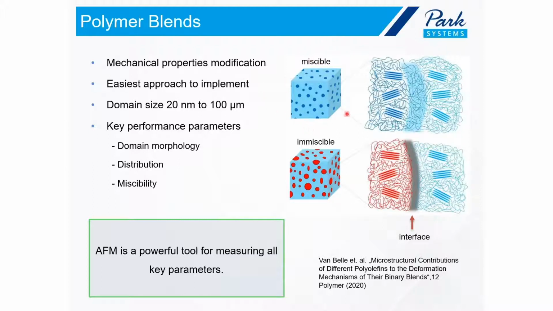So you can have a miscible polymer blend or an immiscible one, and if the two polymers are miscible, you will have an interface between them which is spread over a large distance. And if the two polymer components of the blend are immiscible, you will have larger domains, but the interface between them will be sharp. And depending on your application, it depends whether one wants a sharp interface or a more diffused interface.